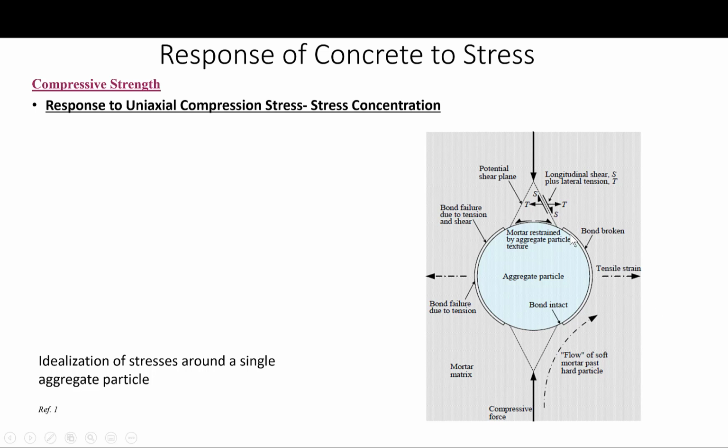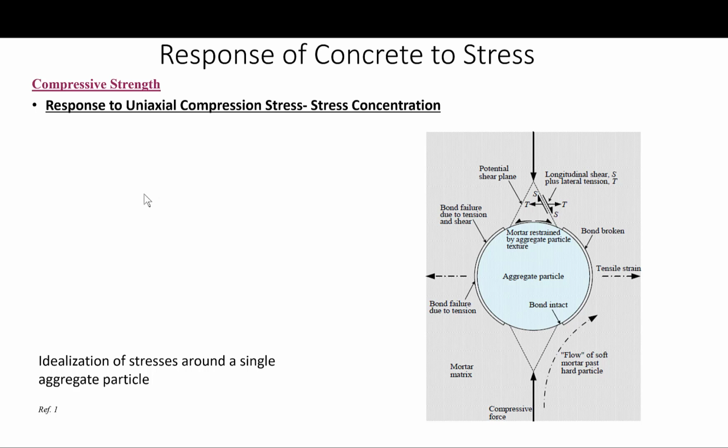So basically, as you can see, this is the bond failure right here. The bond is still intact in this region. The bond failure occurs here, and then we have the tensile failure in the matrix, and then we might get failure of the aggregate occasionally.